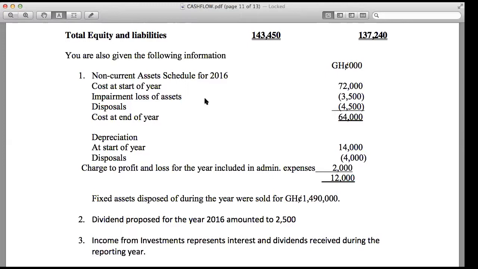Then charge for the year. So if you want to calculate the carrying amount of the disposed asset, it will be the cost of 4,500 less accumulated depreciation of 4,000. So the carrying amount of the disposed asset is 500.